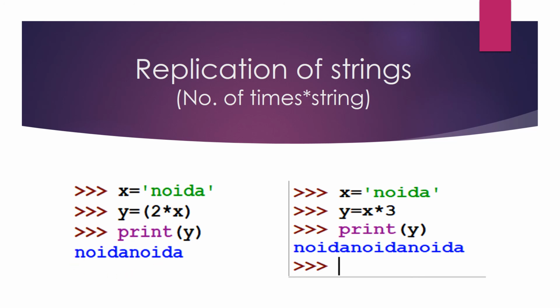We can also print this way, y is equal to x into 3. This is the integer value, the number of times we want to print. This value can be only integer, not a float value. So here print y has printed Noida 3 times. This is repeated thrice. So this way we can repeat a string.